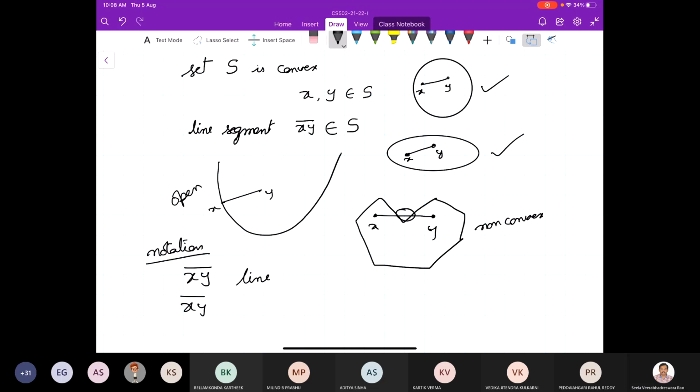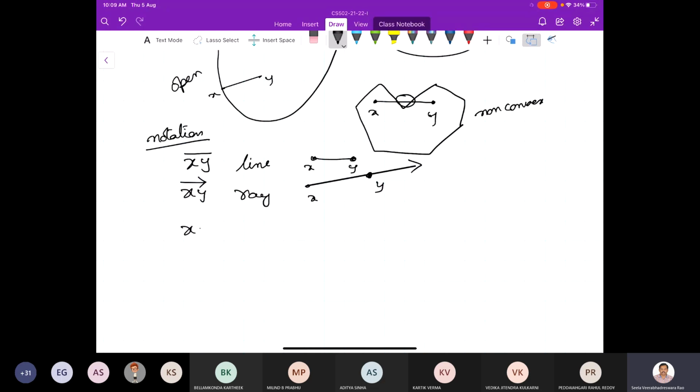And this one is a ray emanating from X, where X is the origin of this ray, passing through Y. This is the line segment, with X and Y as endpoints.